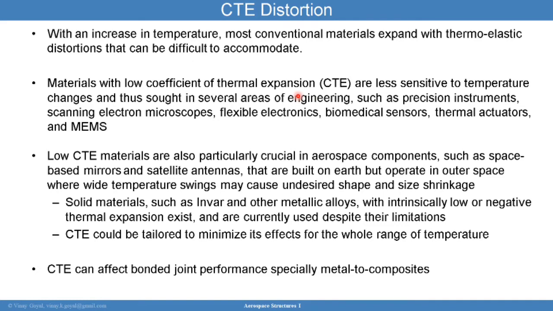Invar here and other metallic alloys provide an optimal coefficient of thermal expansion that reduces these kinds of issues. You can also tailor the coefficient of thermal expansion to minimize the effects over the whole range of temperatures.